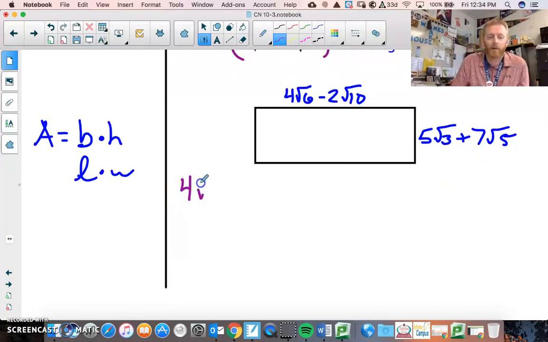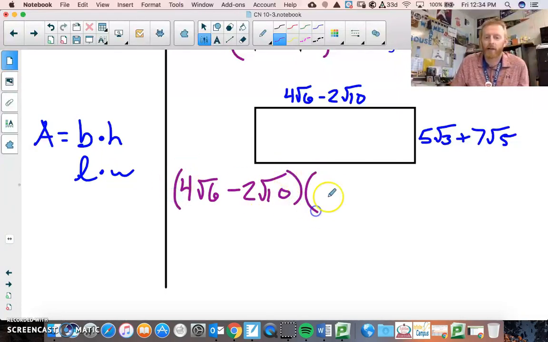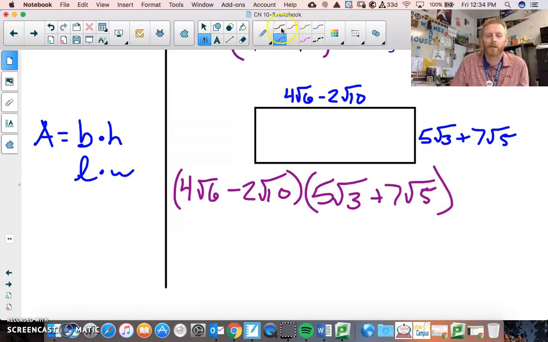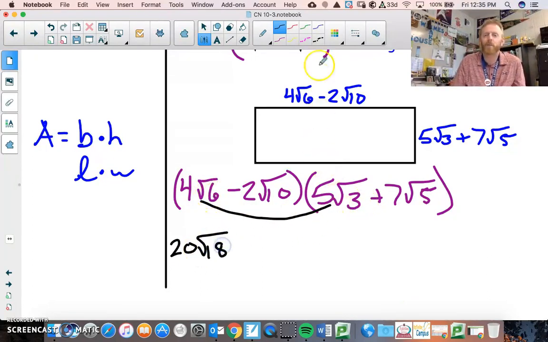So I have a 4 root 6 minus a 2 root 10. Those numbers are going to get multiplied by a 5 root 3 plus a 7 root 5. So let's do our firsts. When I multiply my first, it's a 4 times 5, which is a 20, and root 6 times root 3, which is a root 18.